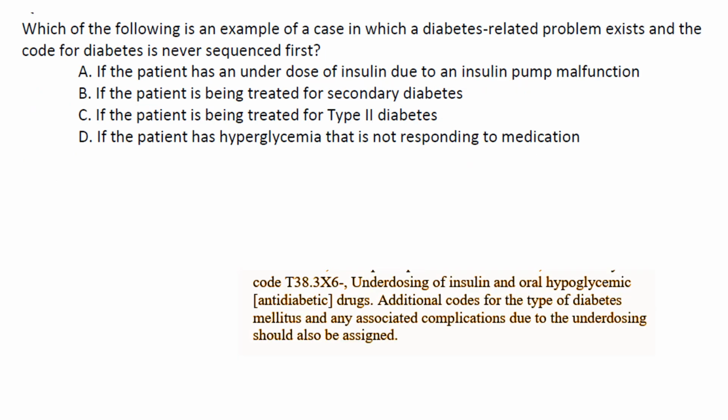Now, which of the following is an example of a case in which a diabetes related problem exists and the code for the diabetes is never sequenced first? And we have the options.